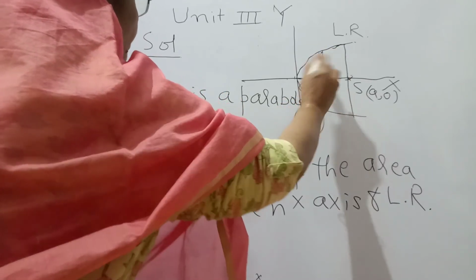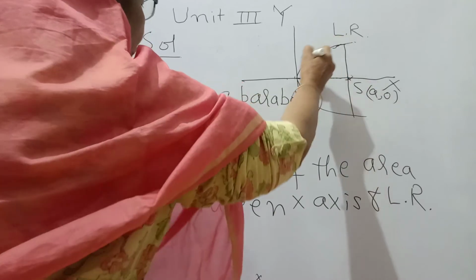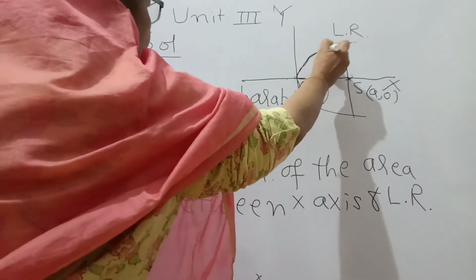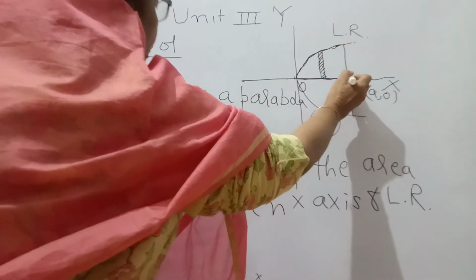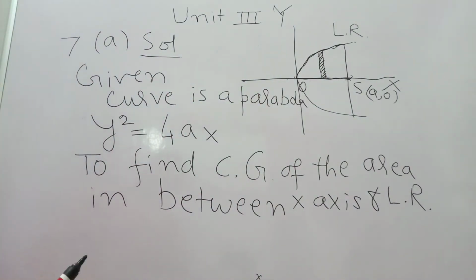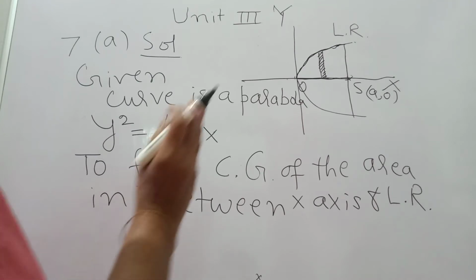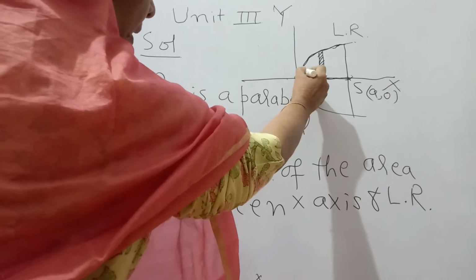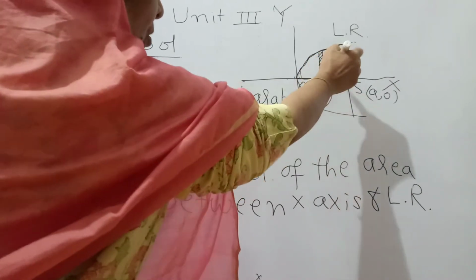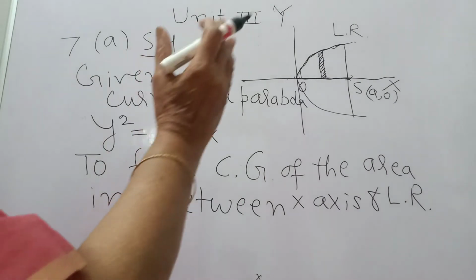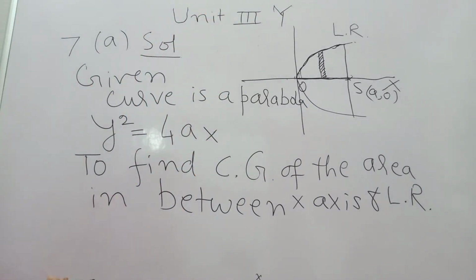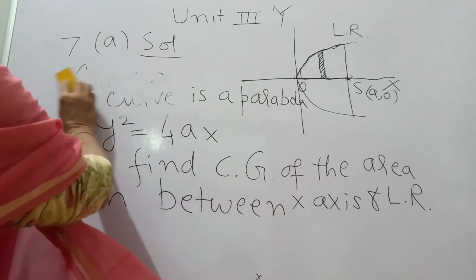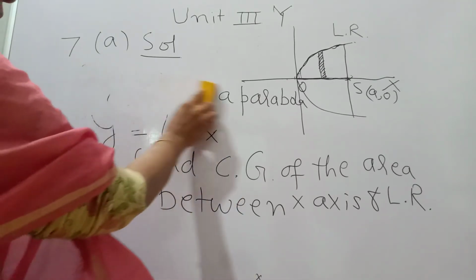Now you can observe that this portion of the parabola consisted of number of elementary strips placed close to each other. So you can have this strip, then this strip and so on. So when you add up all the strips, then you will get the required area.